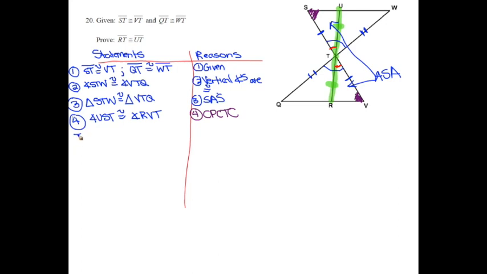So step 5, let me just mention those vertical angles. Vertical angle UTS is congruent to the other one on the other side, which is VTR. Vertical angles are congruent.